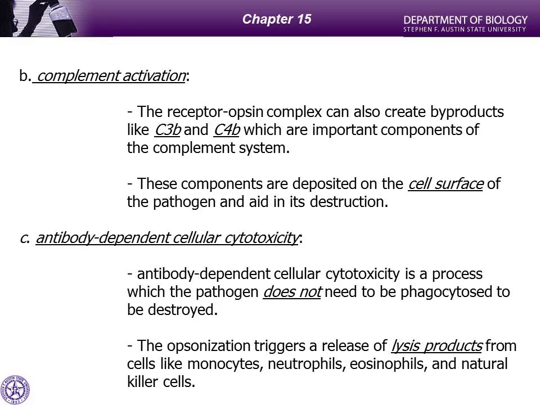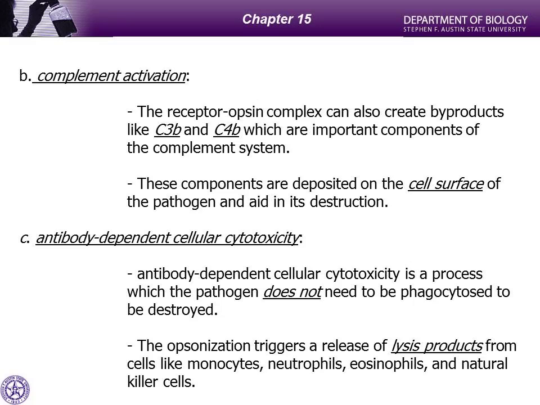So antibodies opsonize, they activate complement, but we also see that antibodies can actually cause cellular toxicity. And so sometimes antibodies on the surface can cause the pathogen itself to release products that attract our granulocytes that then produce substances like superoxide ions that can cause that pathogen to be destroyed without actually making physical contact.